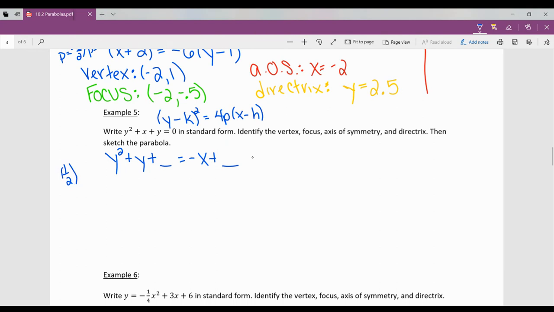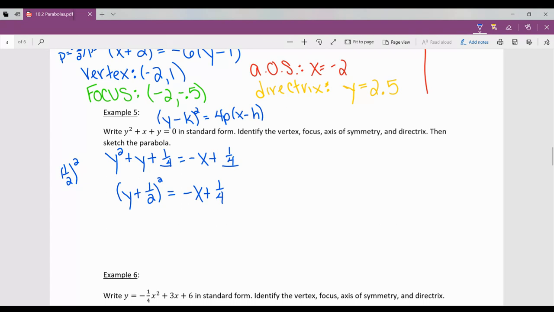We're going to square that, which is 1/4. So if we add 1/4 to this side, we add 1/4 to that side. So it's going to be (y plus 1/2) squared equals negative x plus 1/4.